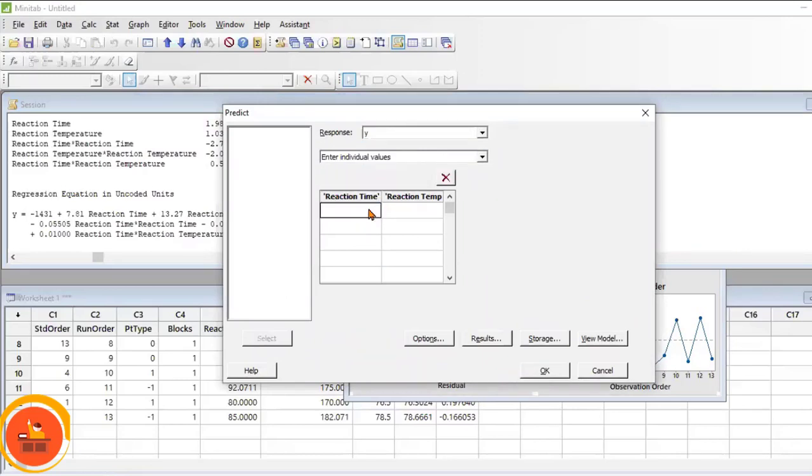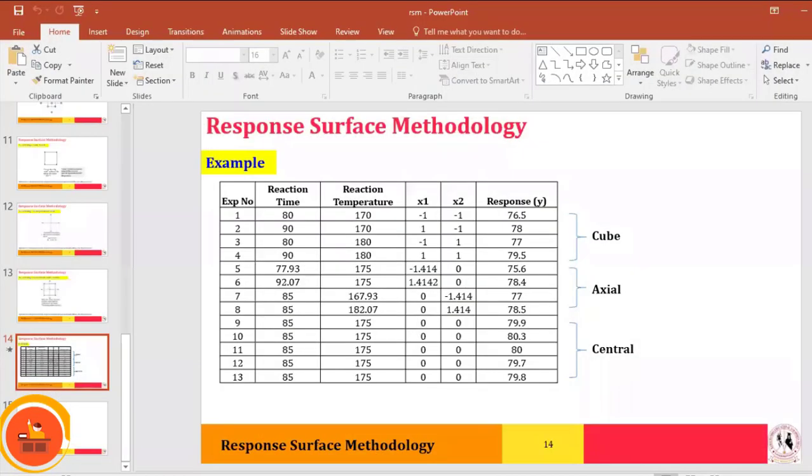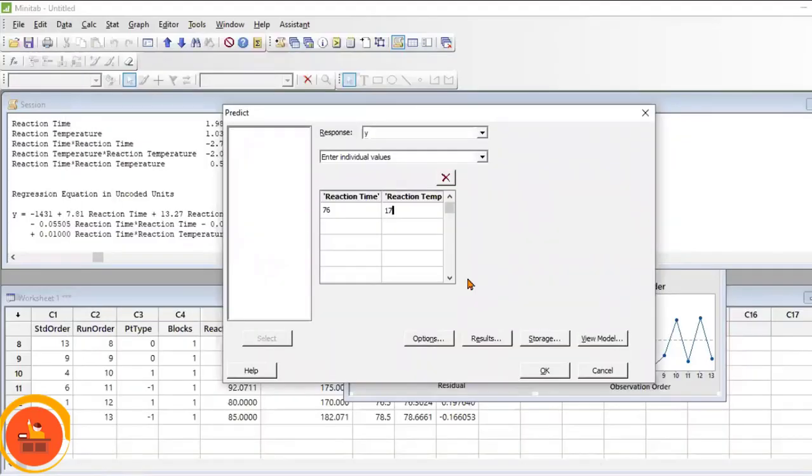So randomly I will enter. So 70 and 80 is my input data. 76, and here the values are some 170 to 180, 172. Some random you can take in between the range only I am considering here, or you can take beyond the range also, no problem, not an issue.